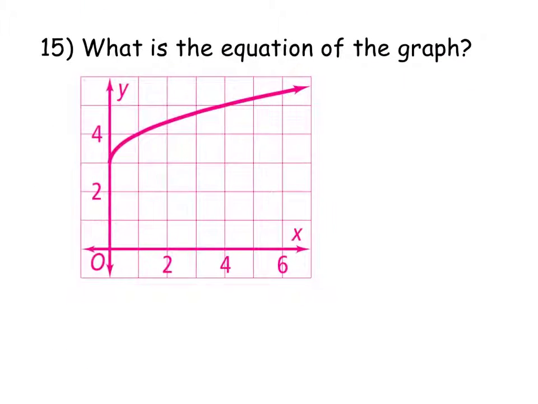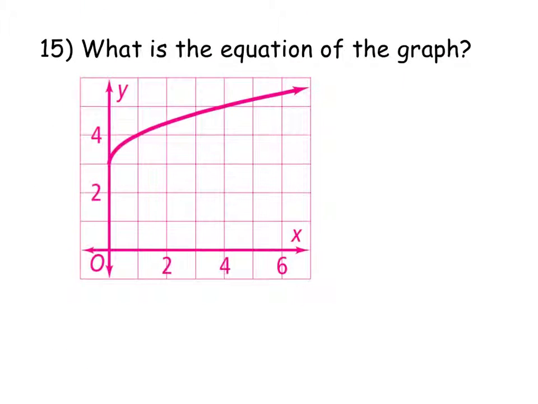Number 15. What type of function are we working with here? Square root function. So we have to write down our general form for a square root function: y equals a square root of x minus h, plus k.